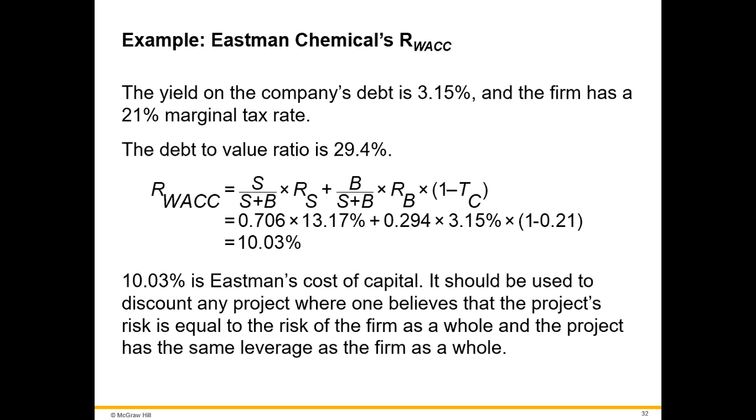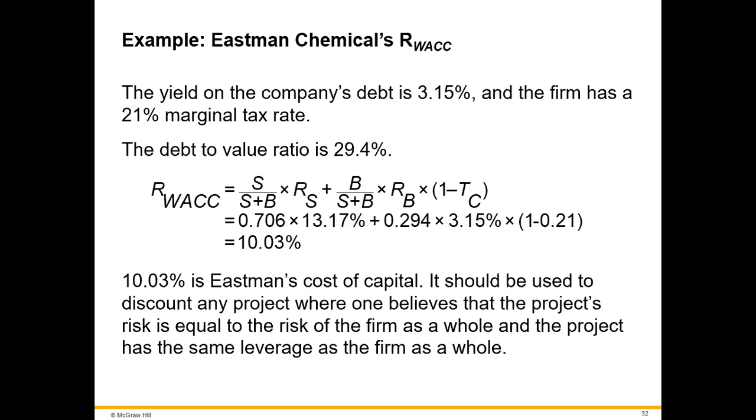So multiply the cost of equity, 13.17, we figured out on the last slide, by the ratio of equity, 70.6% of the firm is financed with equity. Then multiply your after-tax cost of debt, which would be the 3.15 times 0.79, times the ratio of debt to total debt and equity, which is given as 29.4.